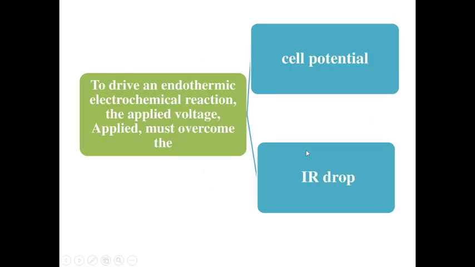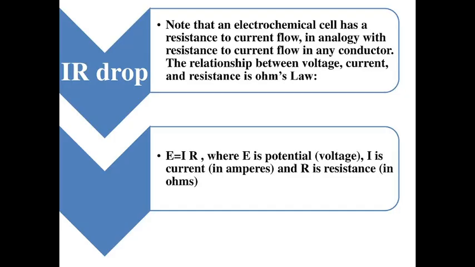So in these non-spontaneous and endothermic electrochemical reactions, the applied voltage must overcome what? Cell potential and IR drop. IR drop we have discussed, but let me introduce more points.